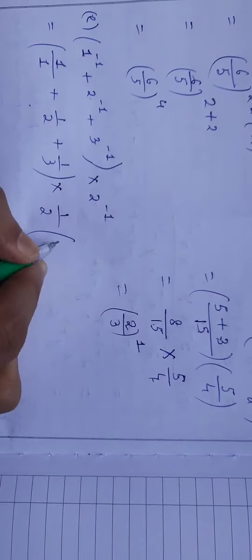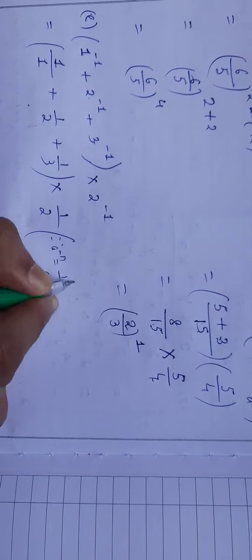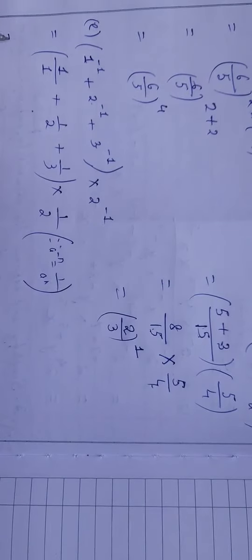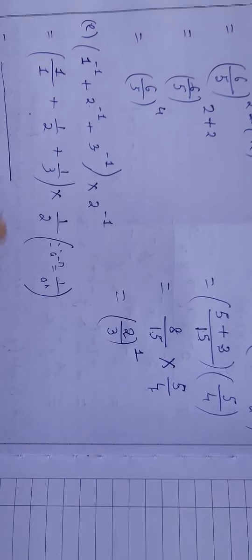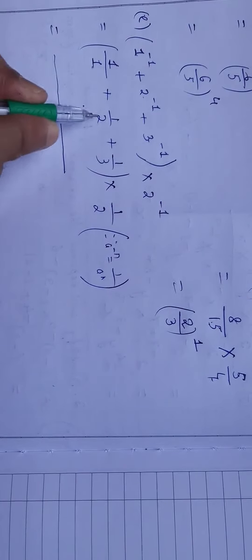Here the reasoning is the same, since a to the power minus n equal to 1 by a to the power n, and then we'll take the LCM of 1, 2 and 3.